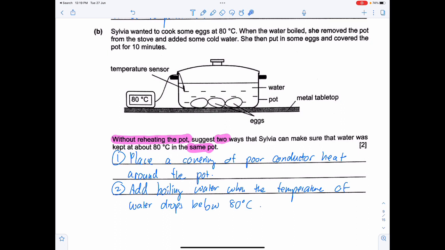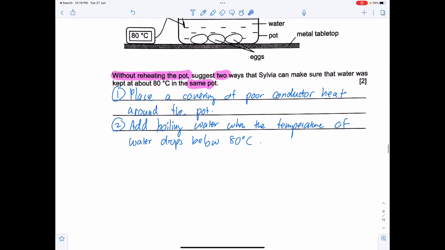It's still below 80. In order to get it to 80, if the temperature has dropped below 80, you need to put water that is above 80 degrees. So if you tell me 90 degrees, 100 degrees, the answer is correct. So look at your answers. Okay? Next.